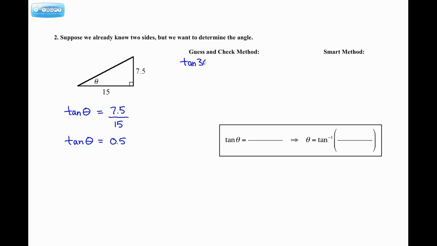The tangent of 30, that is about 0.5774. I'd like to do better than that. Okay, maybe it's a bit smaller.